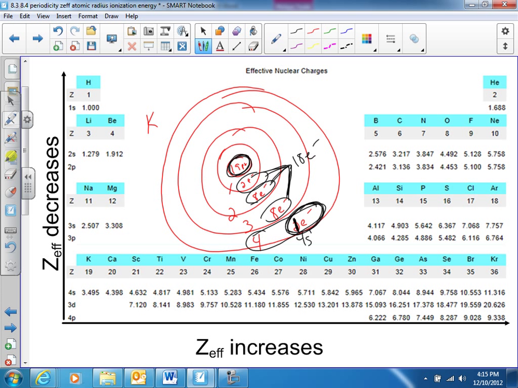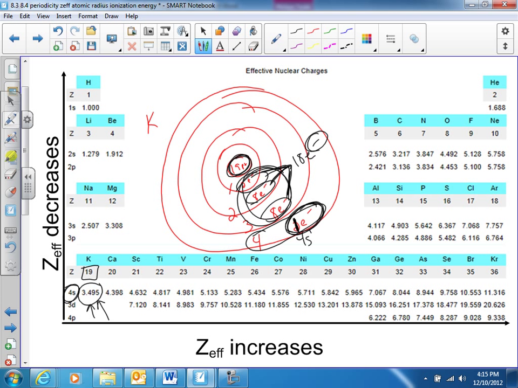Now, these 18 electrons are going to shield part of the positive charge of the nucleus because these electrons are all negatively charged. So instead of feeling that plus 19 from potassium, this 4s electron is only feeling a charge of about 3.5.